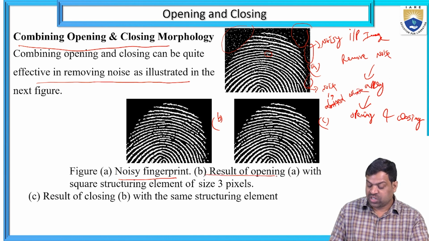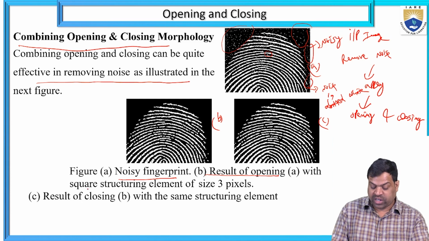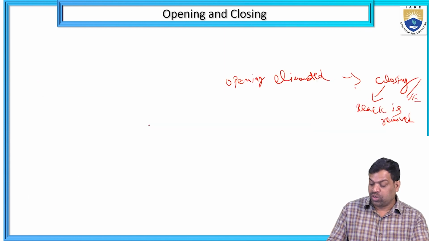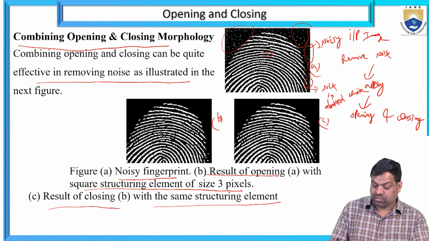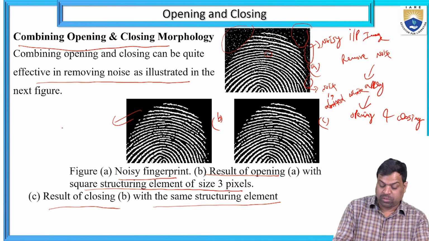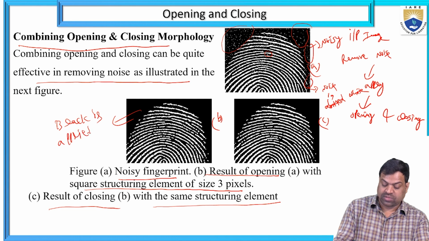How can we remove it? We use the opening with a square structuring element of a given size, and the result of closing with the same structuring element. Okay, so when I go for the structuring element, the result of opening means black is applied or added to the input image.